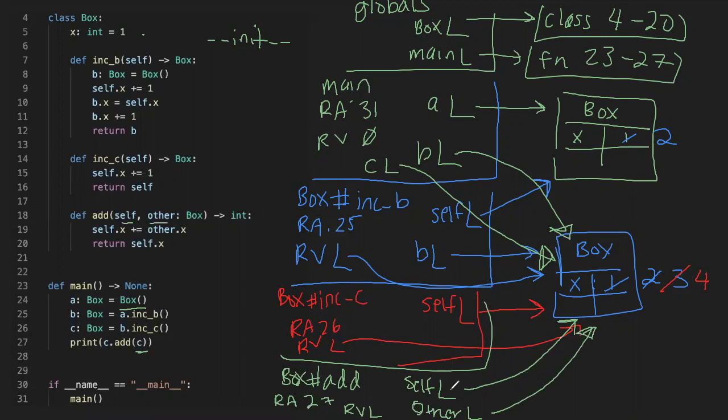So then we say self.x plus equals other.x. So this is the same thing as saying take this and add 4 to what it already is. So this becomes 8. And then the return value here becomes 8. And then we're done with everything, and this just prints out 8.